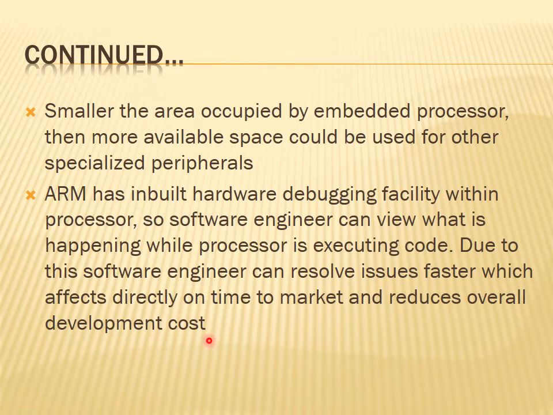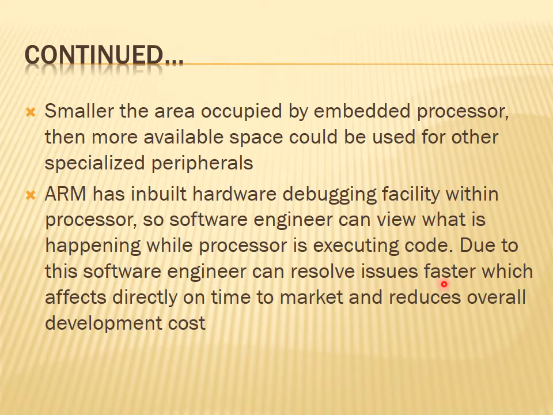So what does overall development cost mean? Due to the debug facility, the software engineer can see whether the hardware is working properly or not, and if there are any issues, he can resolve them very fast.